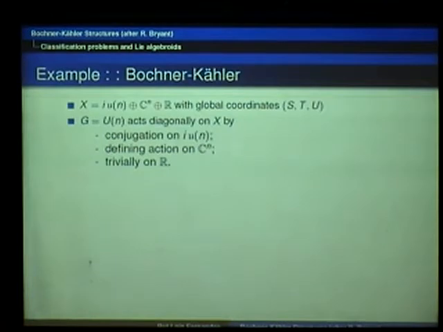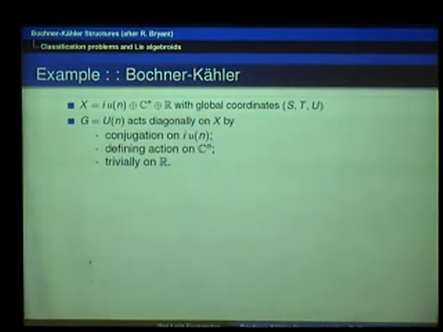But before doing that, just to make sure that I don't lose you, here is the data for the problems that I told you before. In the case of the Bochner-Kähler, X is the set of possible values of these functions S, T and U. This was skew-Hermitian, this took values in C^n, this took values in R. So that's the X. The G, of course, is U(n).